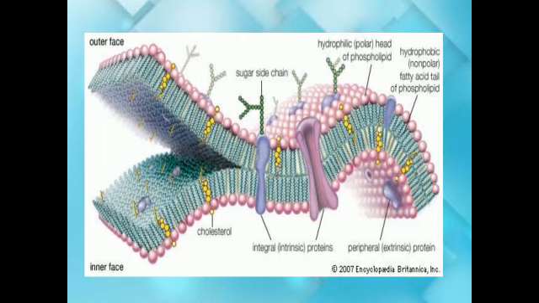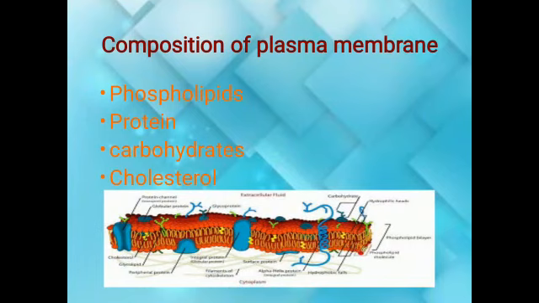It's a dynamic structure. The fluid mosaic model explains various observations regarding the structure of functional cell membrane. According to this biological model, there is a lipid bilayer in which proteins are embedded.